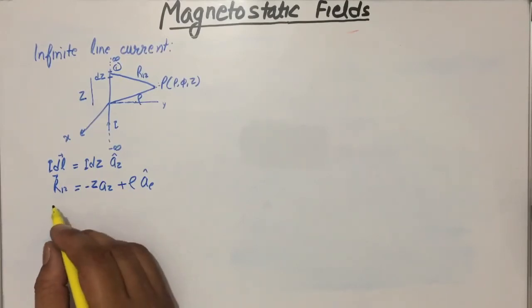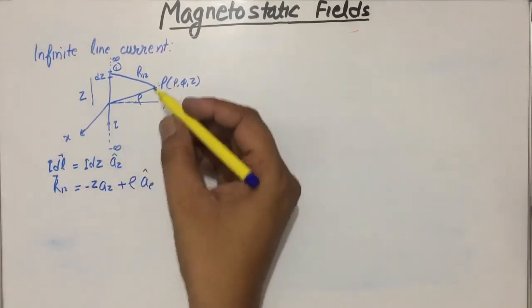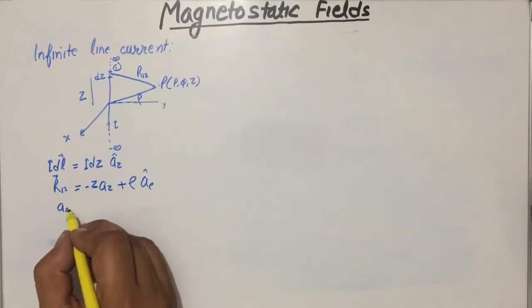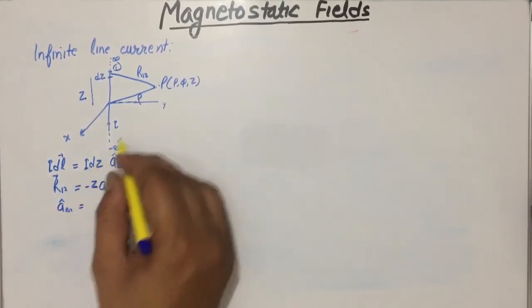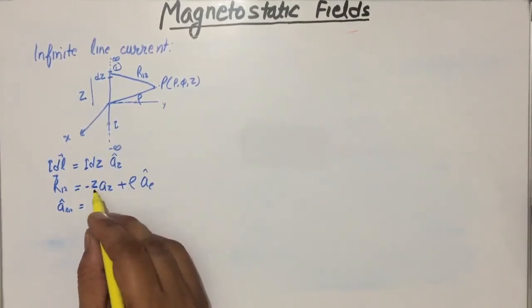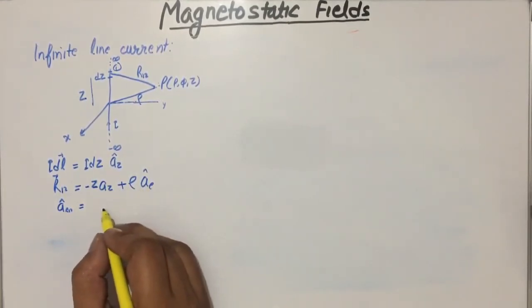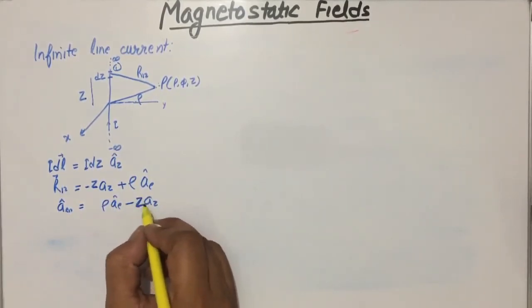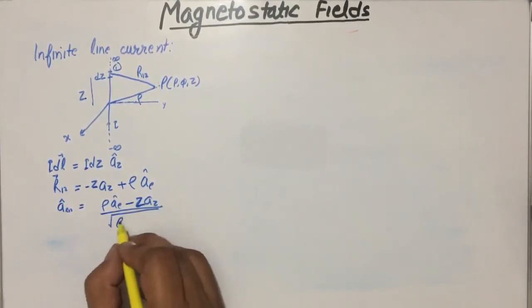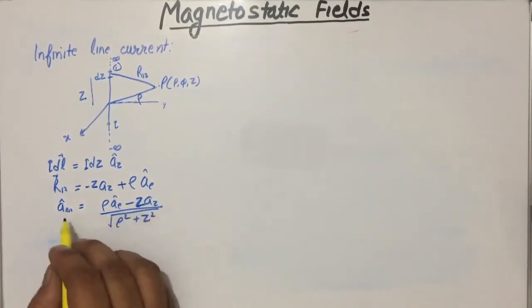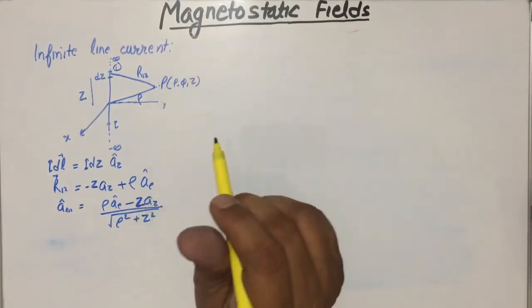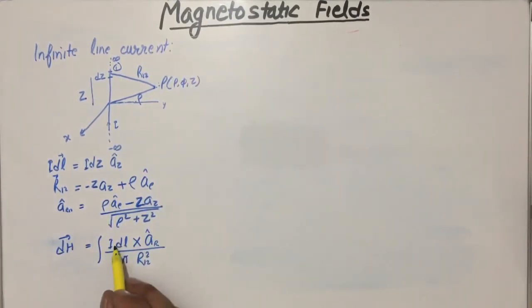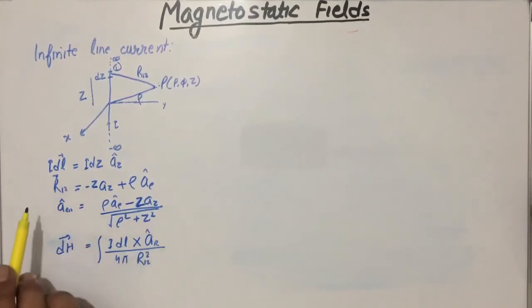Now if we wish to find the unit vector in the direction of R12, we divide by its magnitude: arrow minus z az divided by the square root of rho square plus z square. This will be the unit vector in the direction of R12. Let us find IDL cross AR as in the definition.